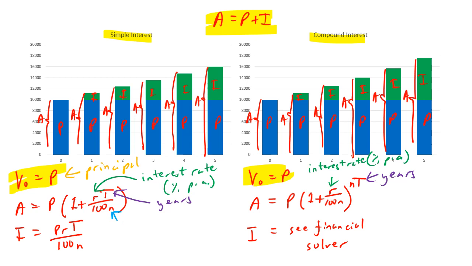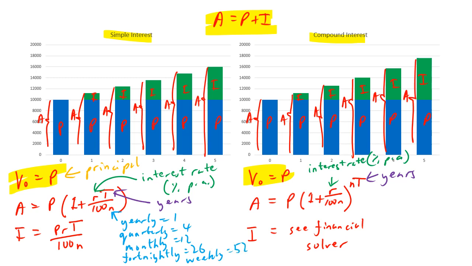So remember, yearly equals 1, and then you can have quarterly equals 4, and monthly equals 12, and then fortnightly equals 26, and weekly equals 52. And that's the formulas for these things.